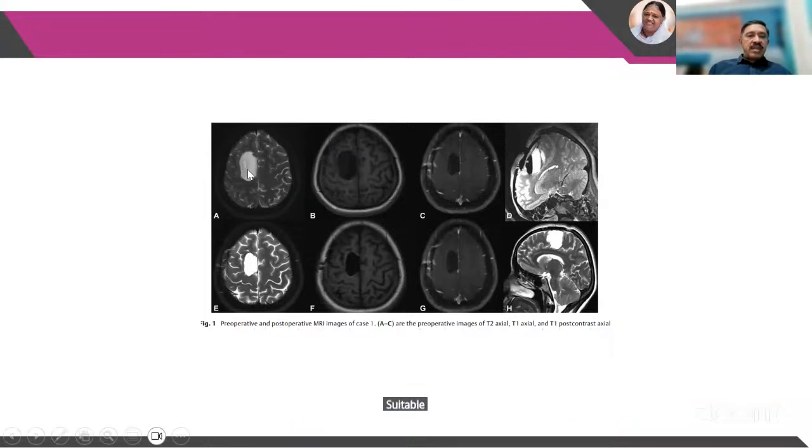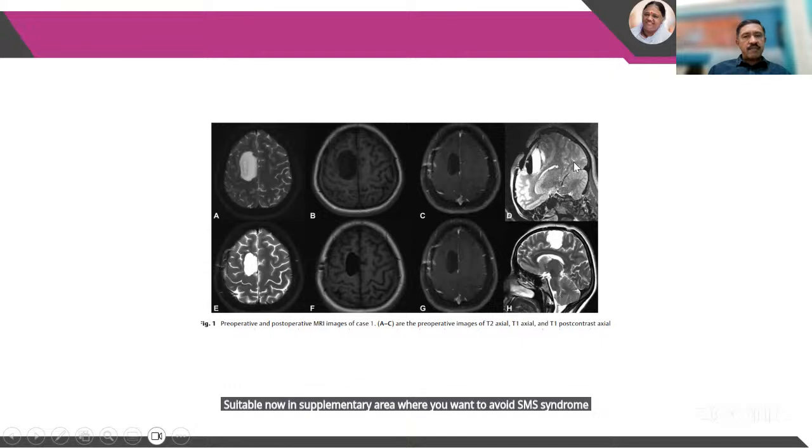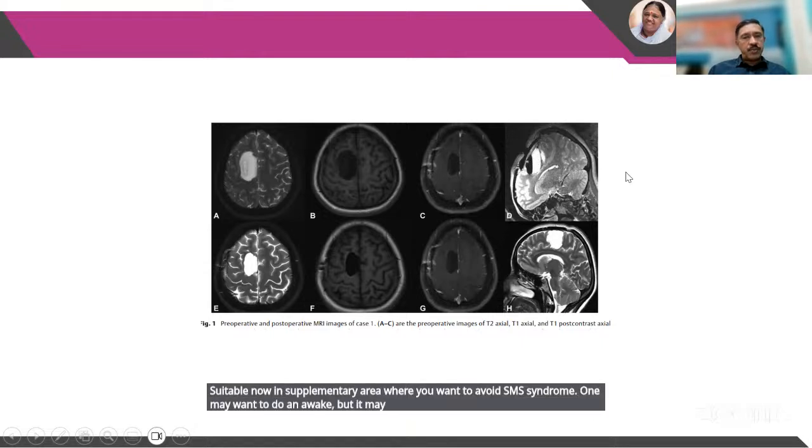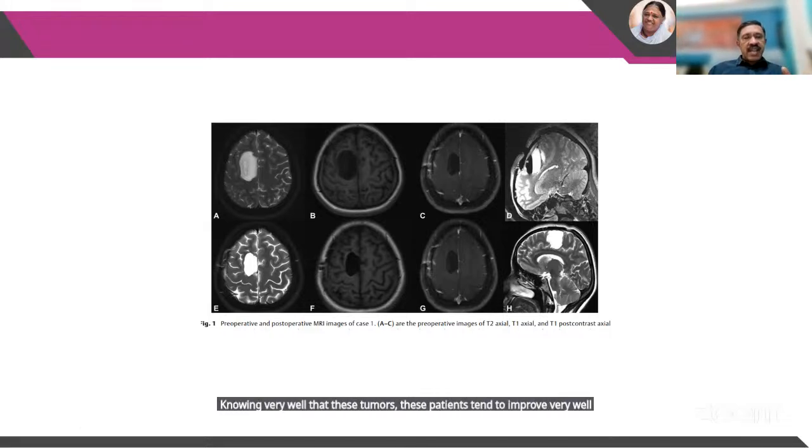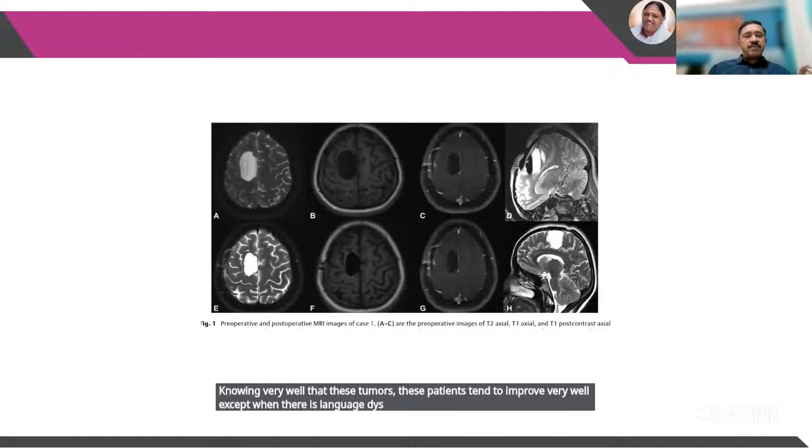Now, in the supplementary motor area, where you want to avoid an SMA syndrome, one may want to do an awake surgery, but it may be at the cost of leaving behind tumor, knowing very well that these patients tend to improve very well, except when there is language dysfunction, or if there is importance of bimanual task preservation.